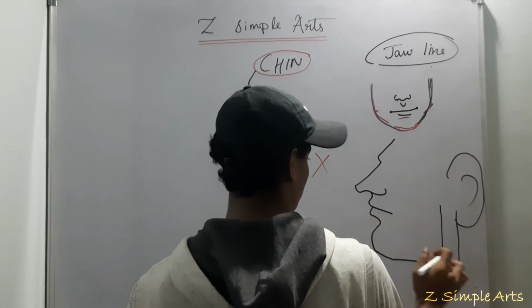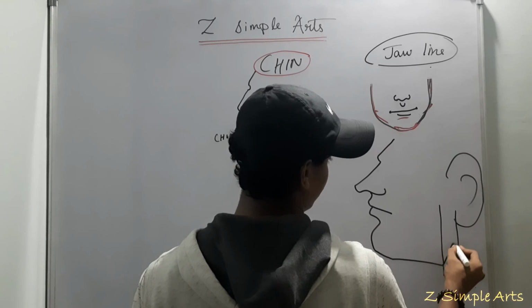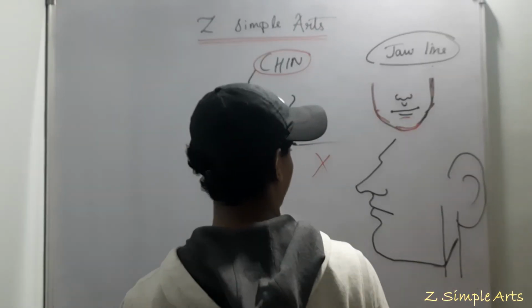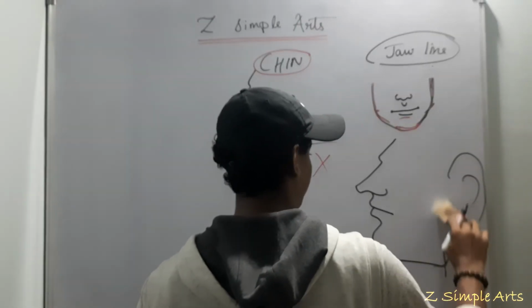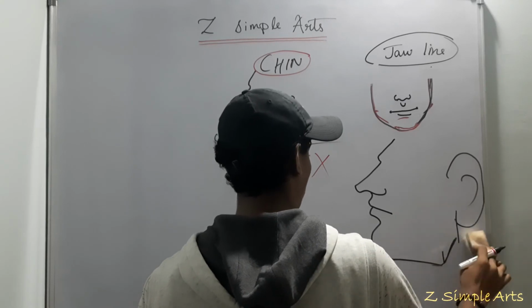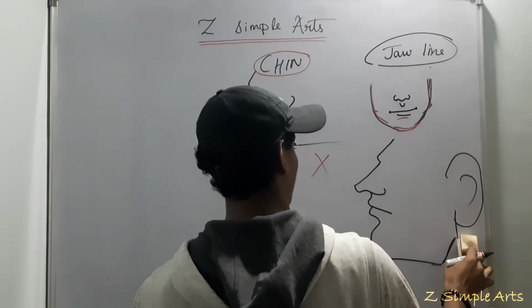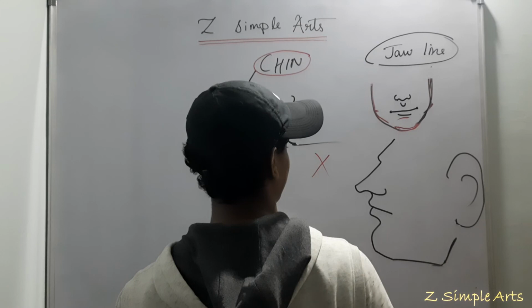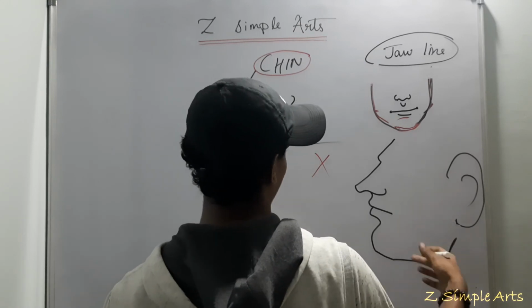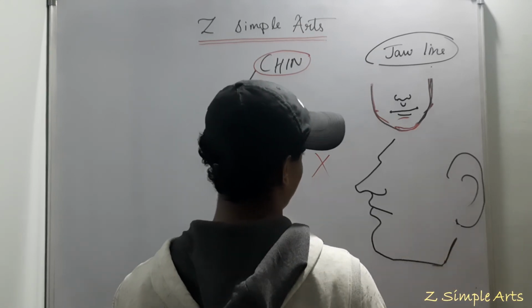Once you know where to stop, extend slightly and erase the imaginary lines which you have drawn. And see, that's how you get the angle of the mandible, the jawline.